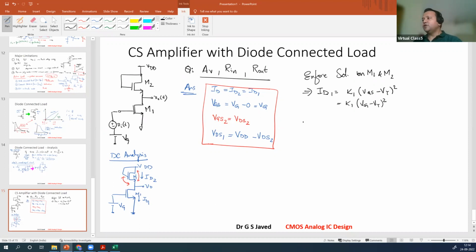ID2 we know for sure is in saturation because it is at the edge of saturation, VGS is equal to VT and VGS is equal to VDS. So it is always at the edge of saturation. Same ID current equation will apply. K2 times VGS2 minus VT2.